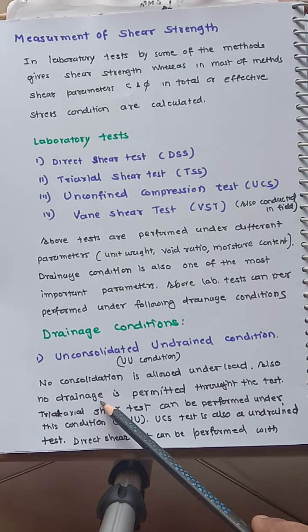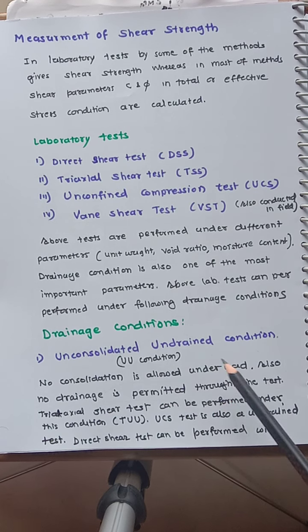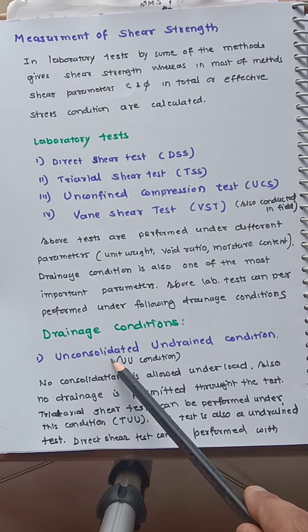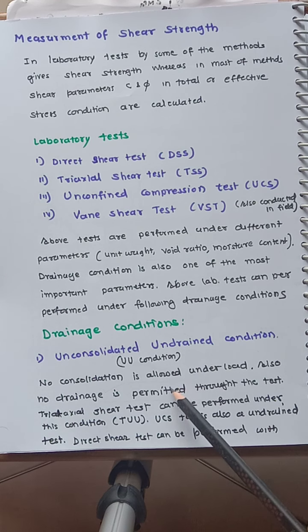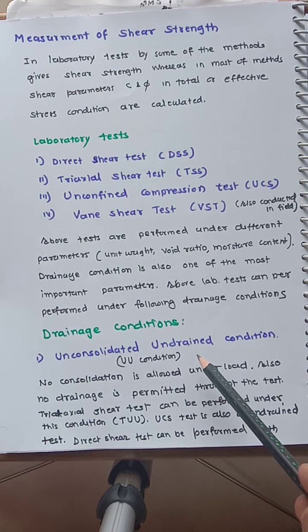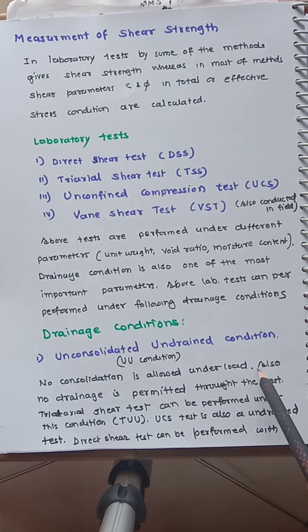Also, no drainage is permitted throughout the test, so that's why it is undrained. Unconsolidated means no expulsion of water, and during shear also no drainage is permitted, so it is also called an undrained test. In short, this is a very quick test, so it is also called a quick test.